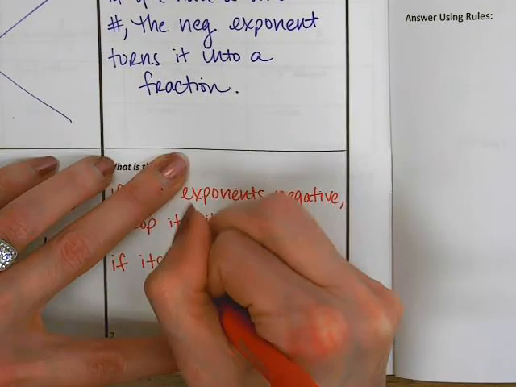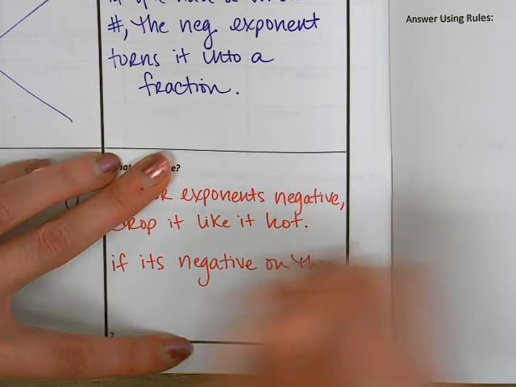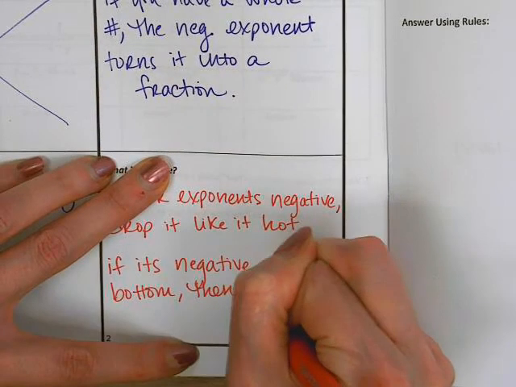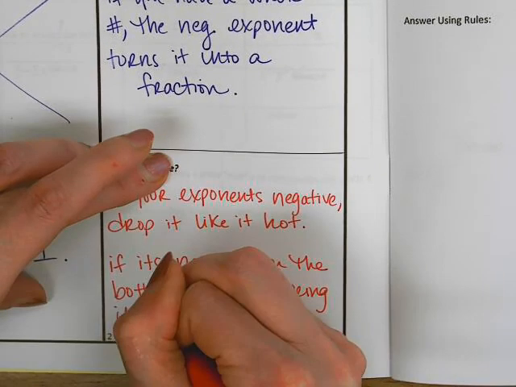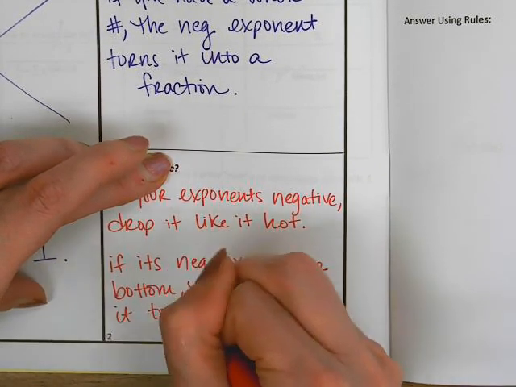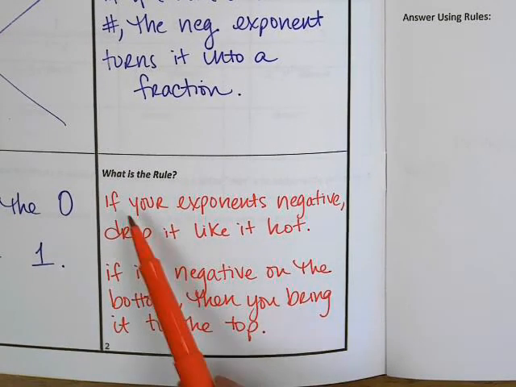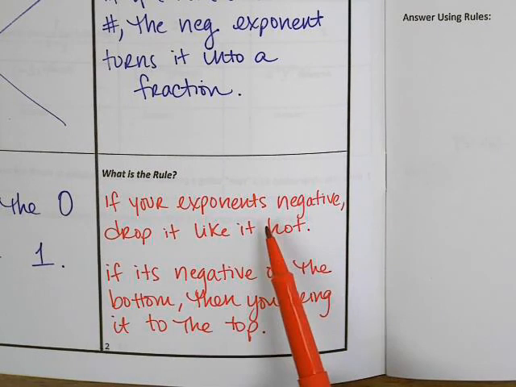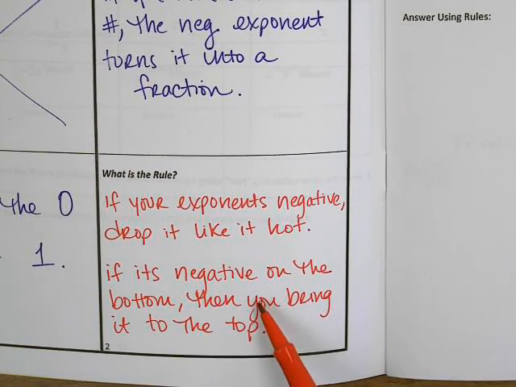If it's negative on the bottom, then you bring it to the top. Okay, let's sing it. If your exponent's negative, drop it like it's hot, drop it like it's hot, drop it like it's hot. If it's negative on the bottom, then you bring it to the top, bring it to the top, bring it to the top.